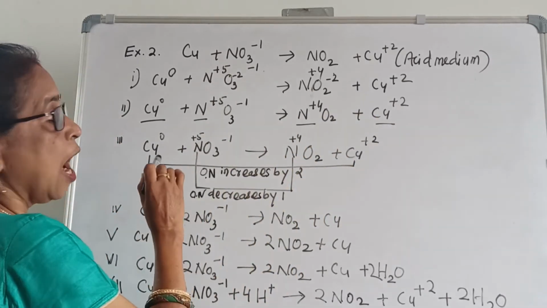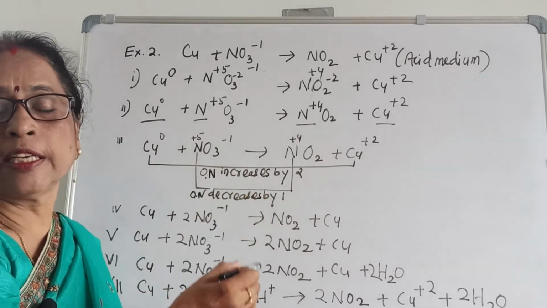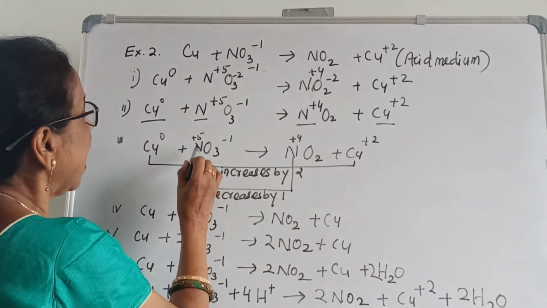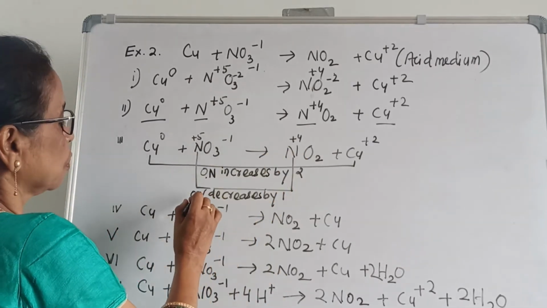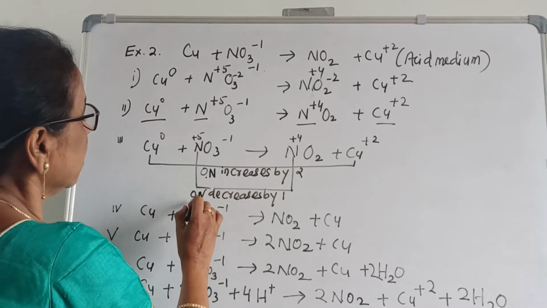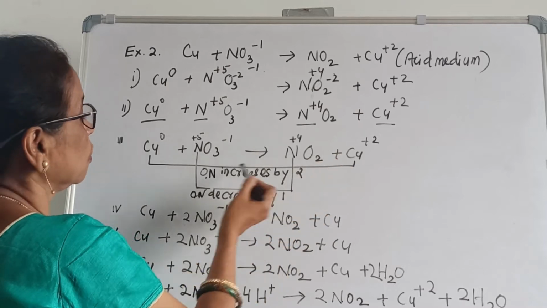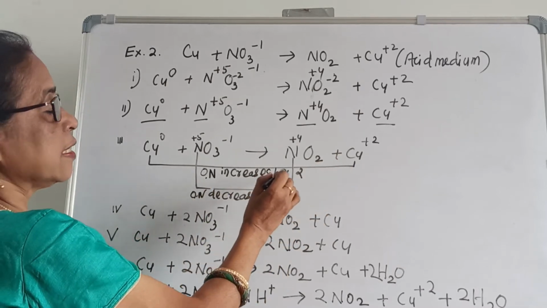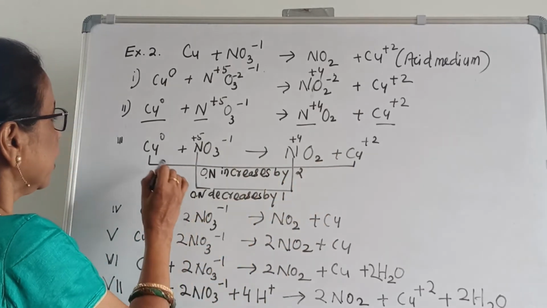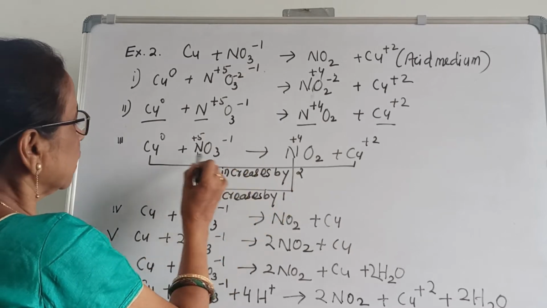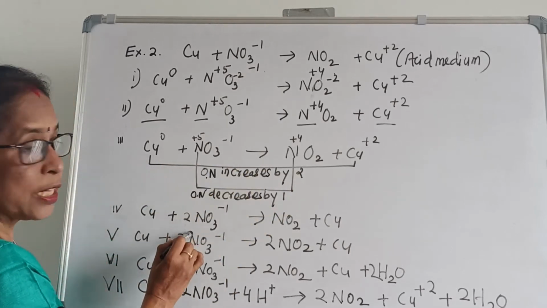Then we see how much the oxidation number decreases and increases. N plus 5 to N plus 4, so the oxidation number decreases by 1. Cu to Cu plus 2, the oxidation number increases by 2. Since it is 2, you will put 2 here.